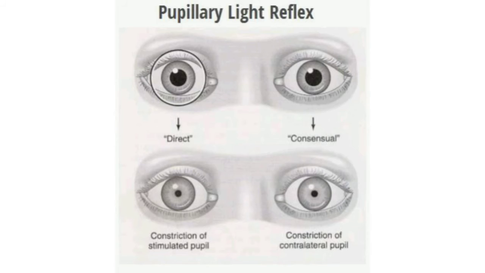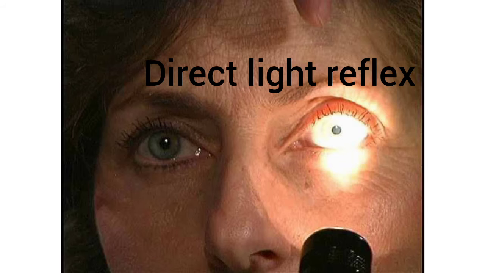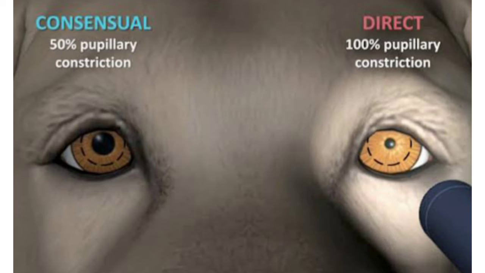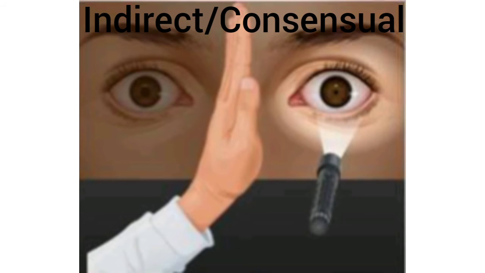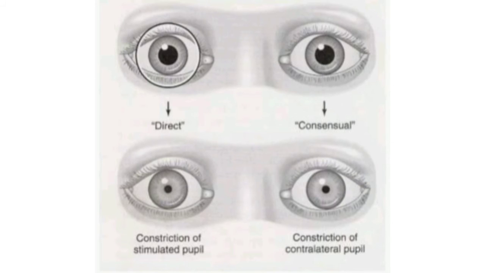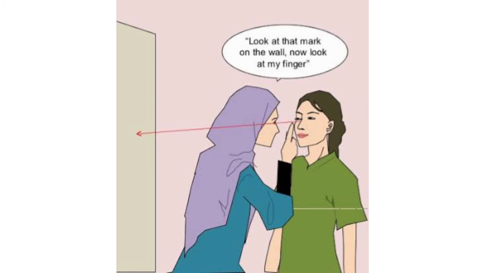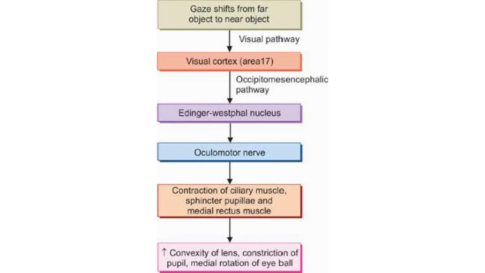In light reflex, there is direct light reflex, where the constriction of the pupil is in the same eye where the torchlight is shown, and in indirect light reflex, the constriction of the pupil is on the opposite side. Accommodation reflex: when the eye is focused on a distant object and another object is brought near the eye, the focus shifts from the distant to the near object.